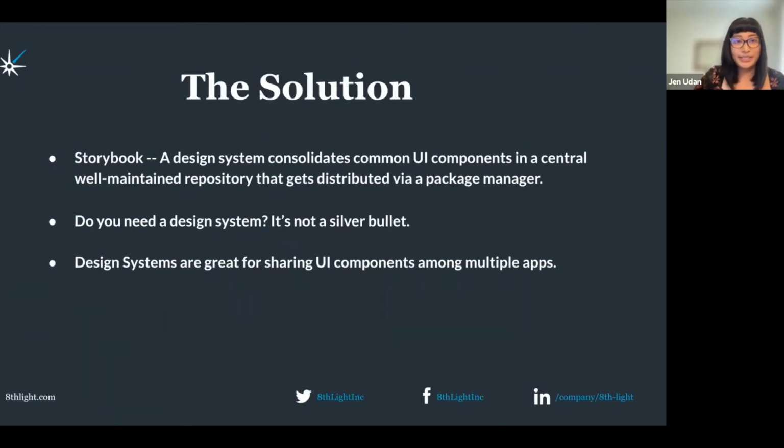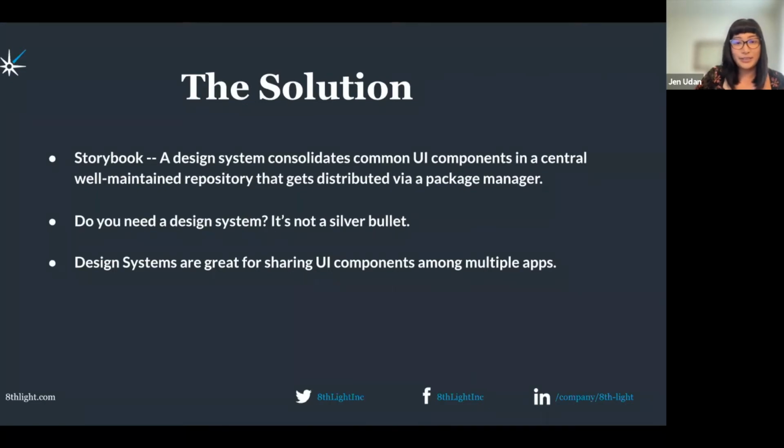So what was the solution to this? We decided to set up a Storybook library for them. And Storybook is a design system that consolidates common UI components in a central, well-maintained repository that gets distributed via a package manager. If you haven't worked with Storybook before on the front end, I highly recommend it.